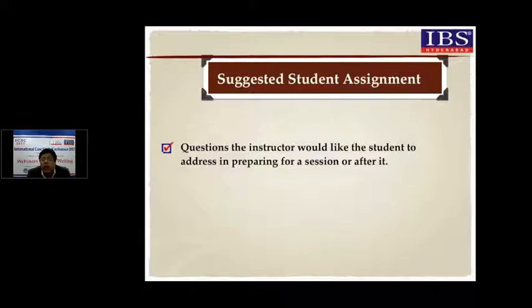You want them to look at the industry and what is happening immediately, as you are discussing the class. So before that, you want them to look into that, or after the class you give them some follow-up assignment. So that can also be written down.